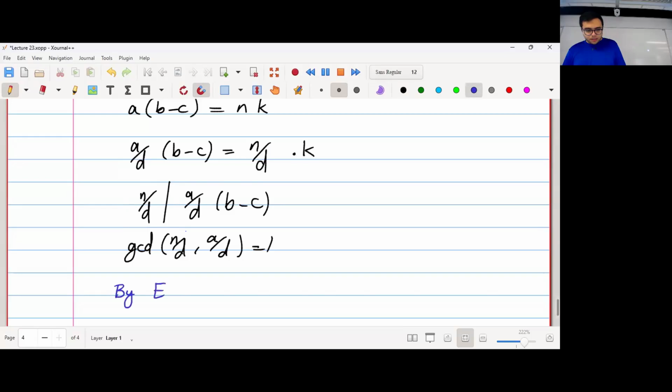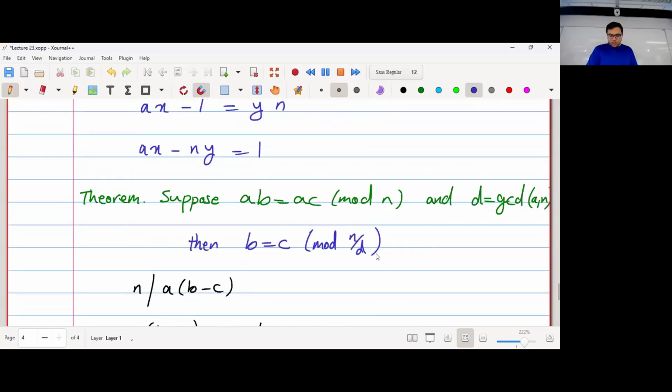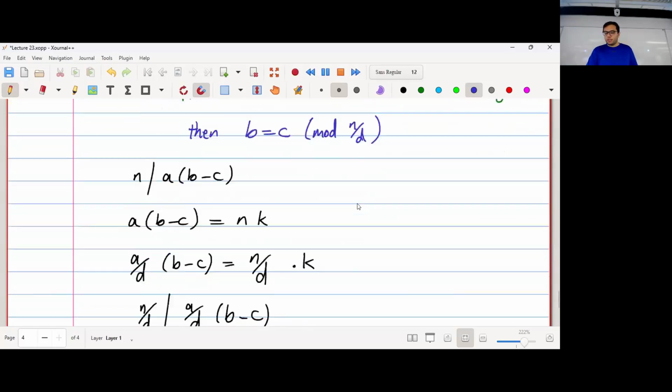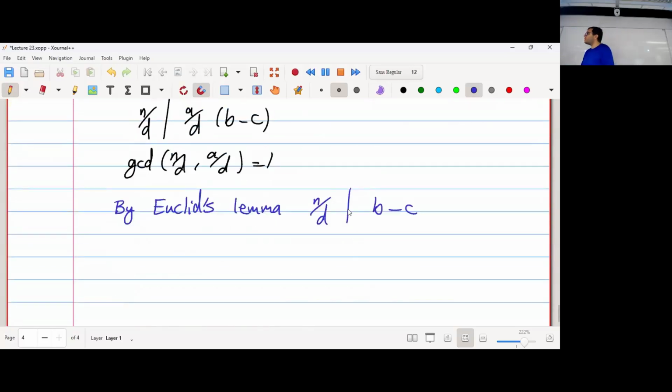And I say by Euclid's lemma, N over D divides B minus C. But this is exactly what I wanted to prove, right? I wanted to prove that B is equal to C modulo N over D, which is by definition the same as saying N over D divides their difference.